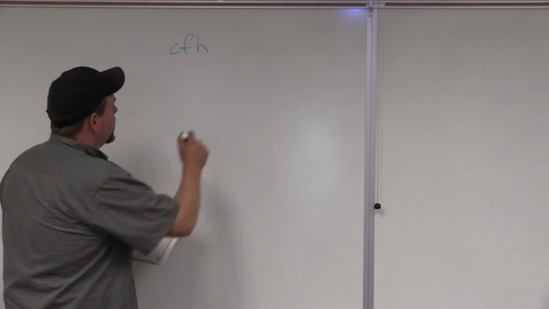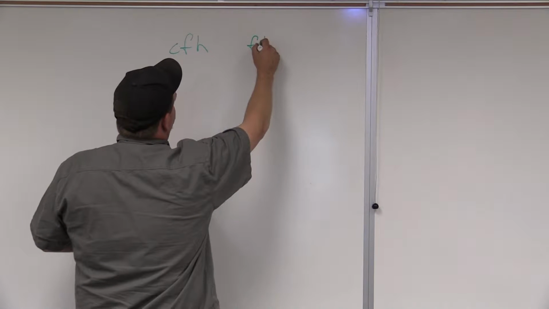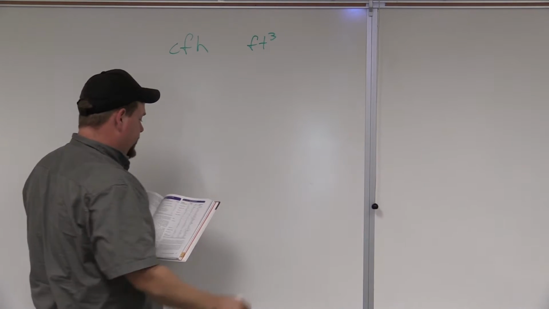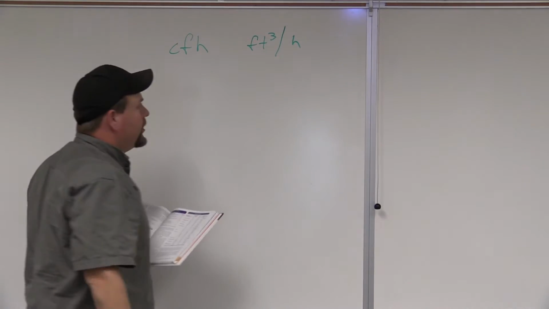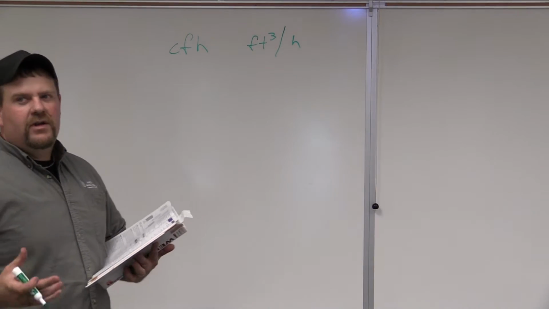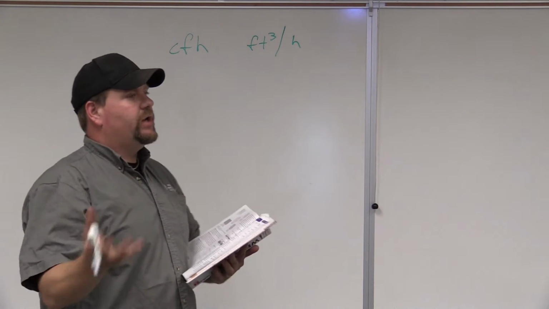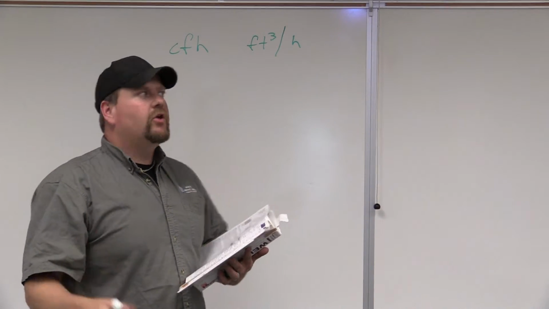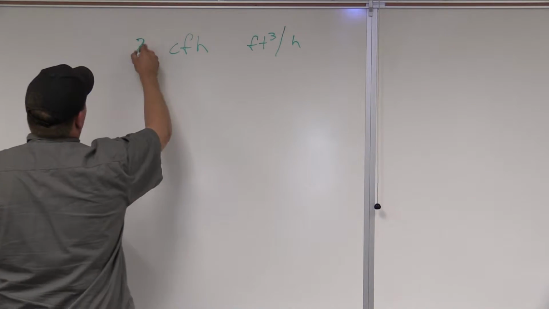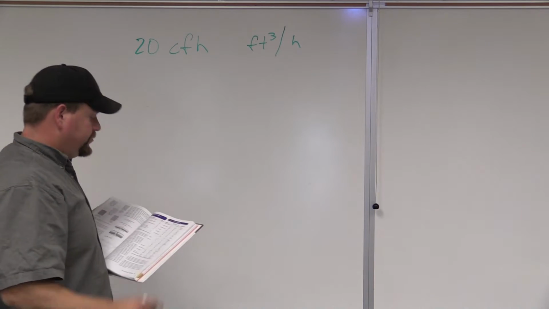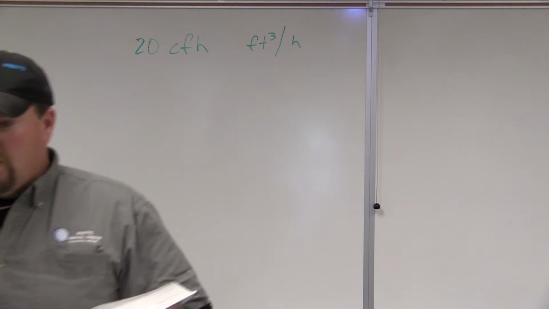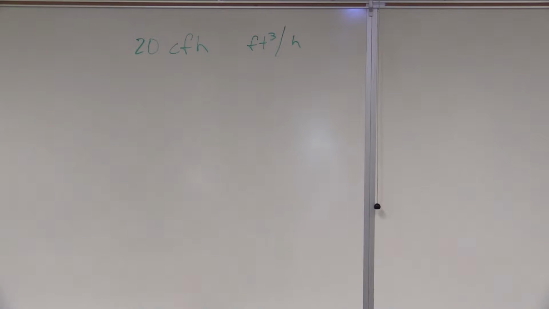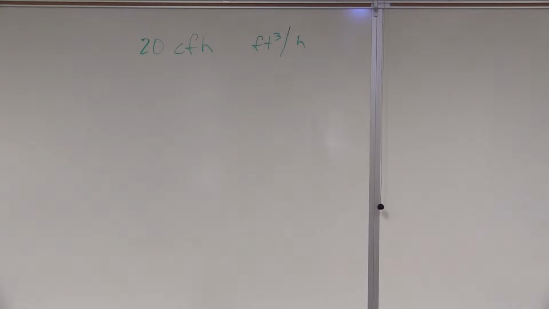The way it's written in the book is feet cubed per hour. If a welding procedure says your shielding gas should be 20 cubic feet per hour, 20 CFH, we need to convert that to liters per minute.